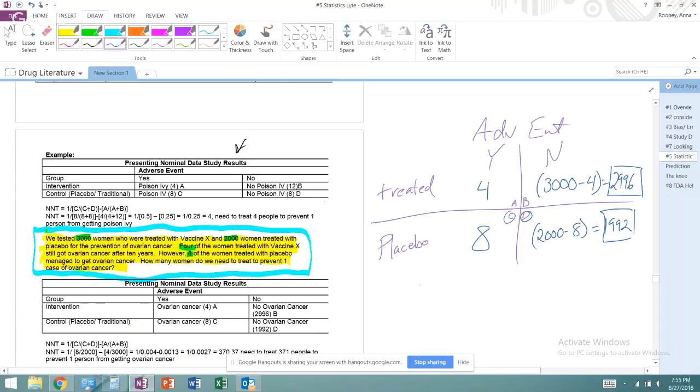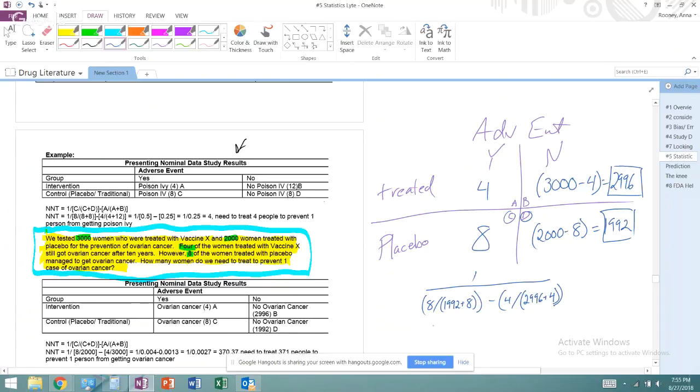So then plug it into your equation. So 8 over 1992 plus 8. And then your A is 4 divided by 2996 plus 4.